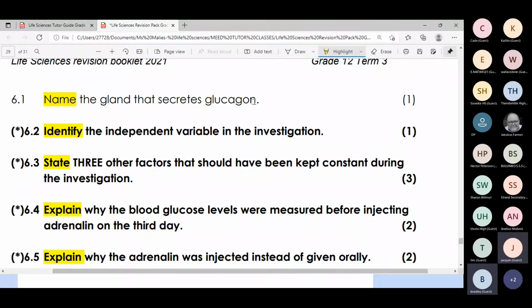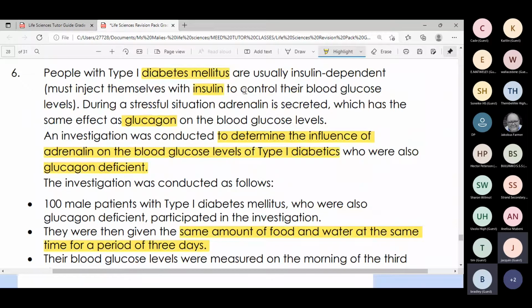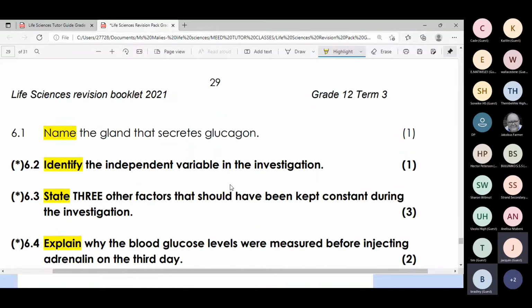Now there's no diagram here, but you have highlighted certain things. That's why I deal with so many diagrams. You might get the diagram, and you have to visualize it, but you might also get questions where there's no diagram, so you must know the location of the gland and which hormone it secretes.